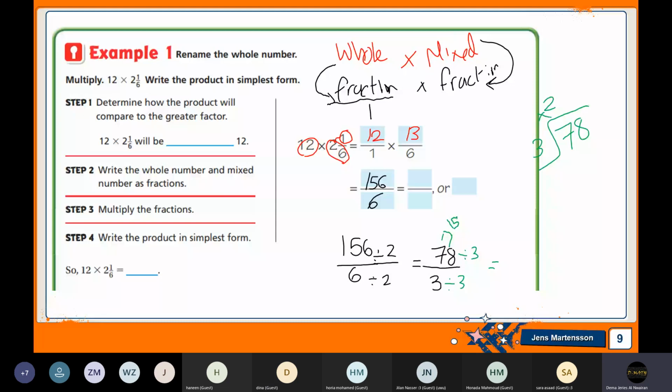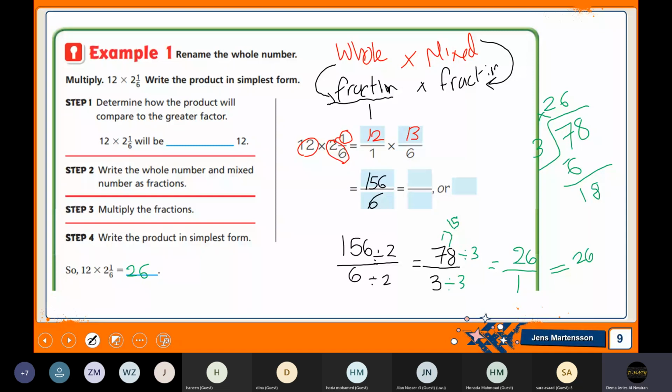Then subtract: 7 minus 6 equals 1. Then bring 8 down: 18 divided by 3 equals 6. So it will be 26 over 1. 26 over 1 equals what? 26. Good job.